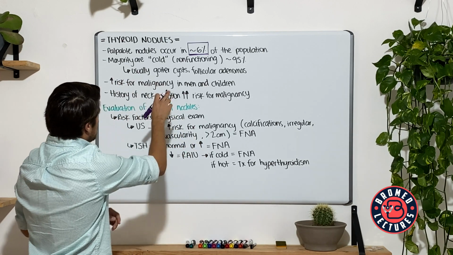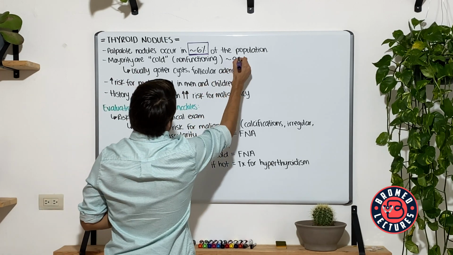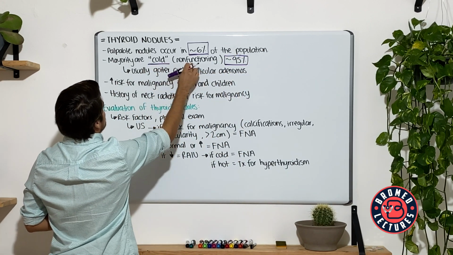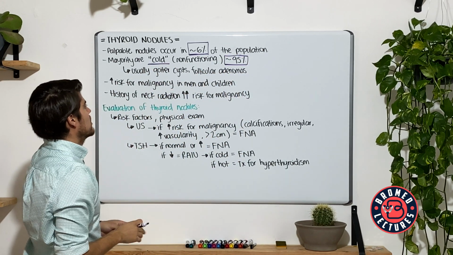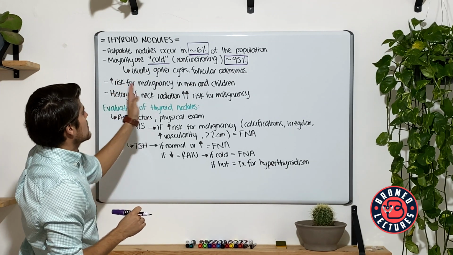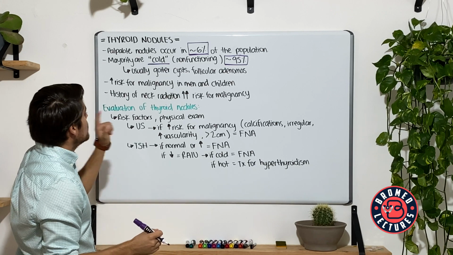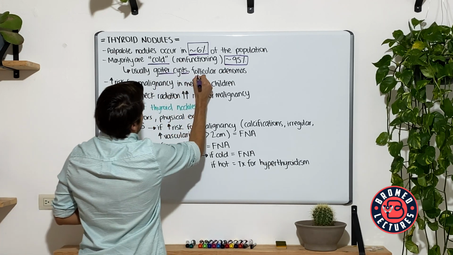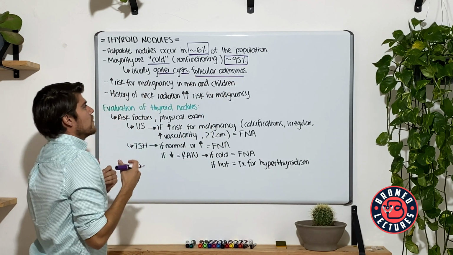And the majority of them, around 95%, are cold. So non-functioning nodules, these are the majority ones. Unfortunately, the cold ones are the ones related to malignancy, but they usually are goiter cysts, which are benign, or follicular adenomas, which are also benign.